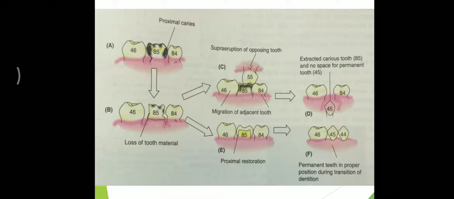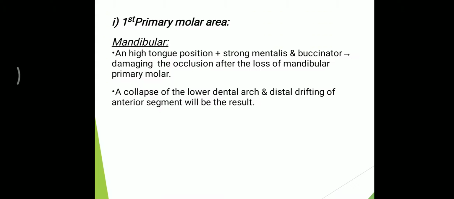In that case, we should go for extraction of the carious tooth 85, and no space for the permanent tooth would be there. If we go for proximal restoration, then the permanent tooth is in the proper position during the transition of the dentition.